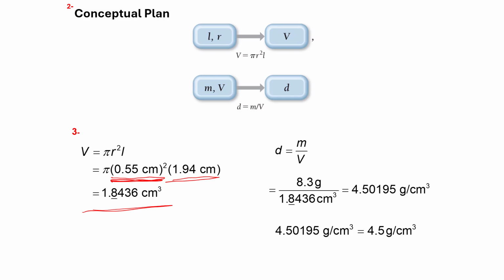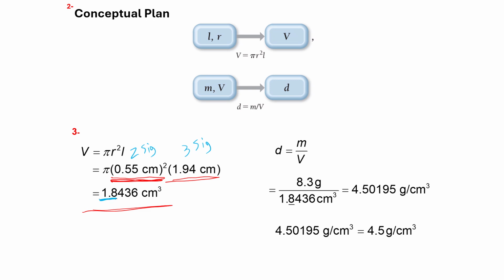And what is the rule for multiplication? It says that your answer should have the number of sig fig equal to the lowest one. For example, this one has 2 sig fig and this one has 3 sig fig. So your answer should have 2 sig fig, but you do not round it here. You just draw a line here.